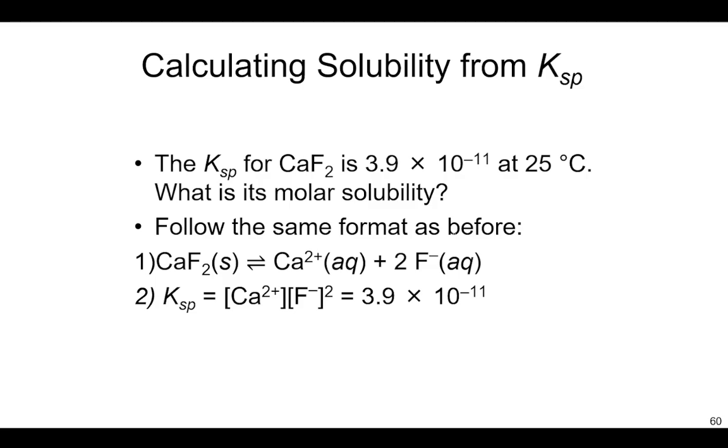So let's first show you how to get from a KSP into a molar solubility. And so these KSP problems will require us to start the way we have started really all equilibrium problems. Write a reaction for what is happening, write an expression of K, and as we will have to do here, do an ICE chart.